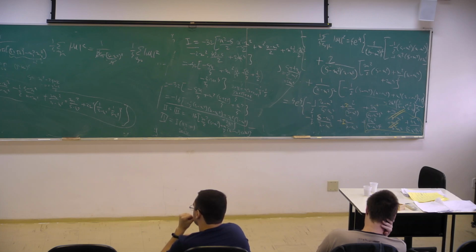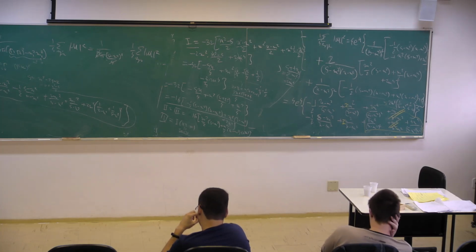Well, I will not do this here, but in principle one can obtain also a spin averaged form of the Klein-Nishina formula for d sigma d cos theta, which is easily obtained from this.